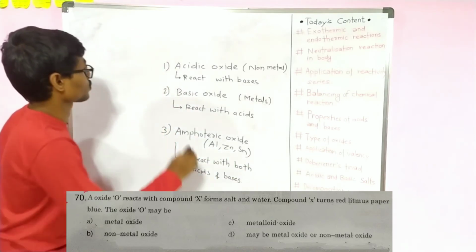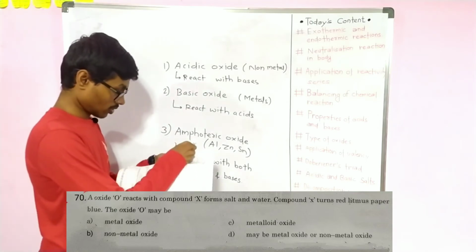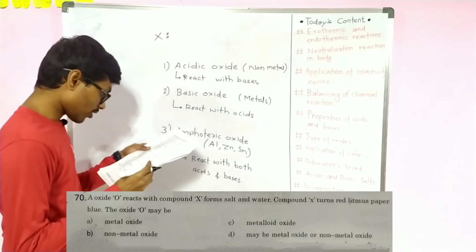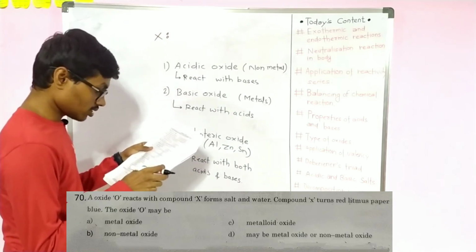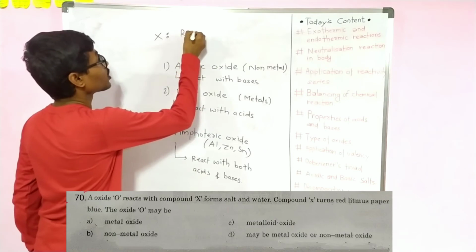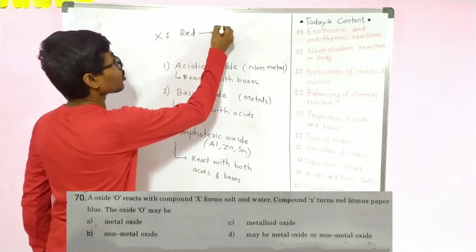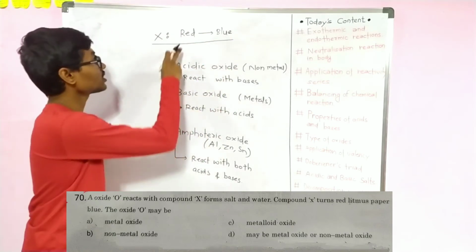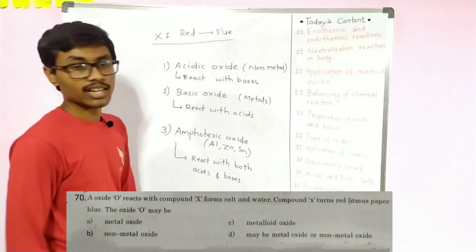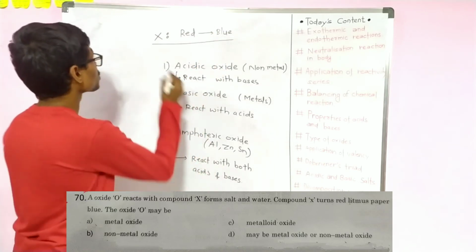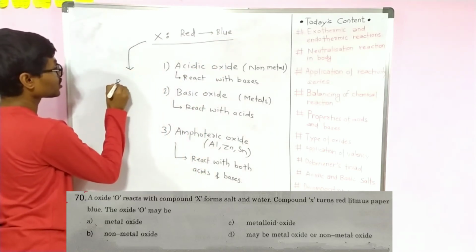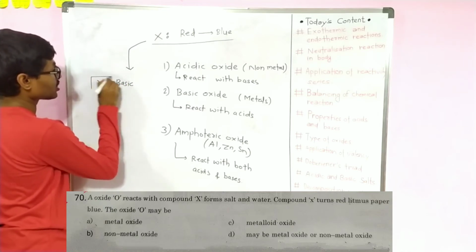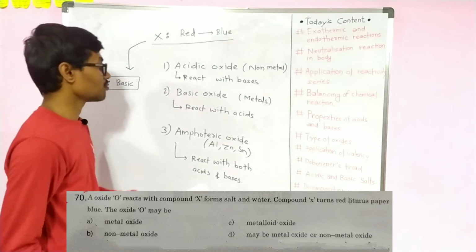Now we have seen that when X is dipped into red litmus paper, it turns into blue. So X must be basic in nature, or X must be a base.